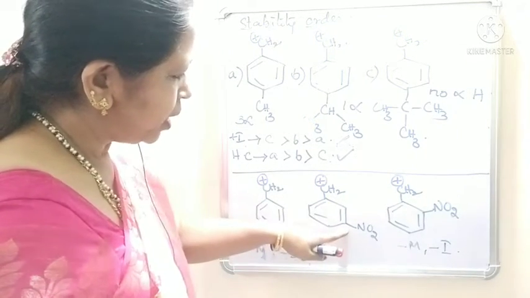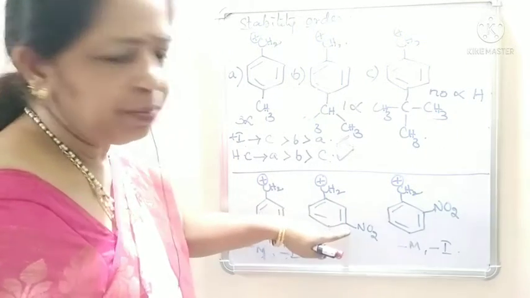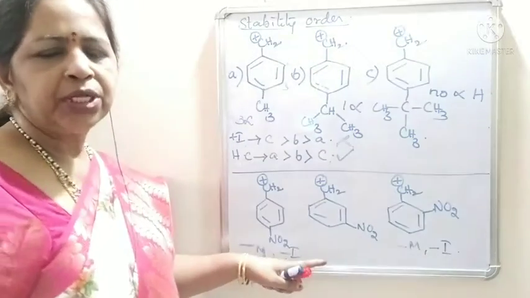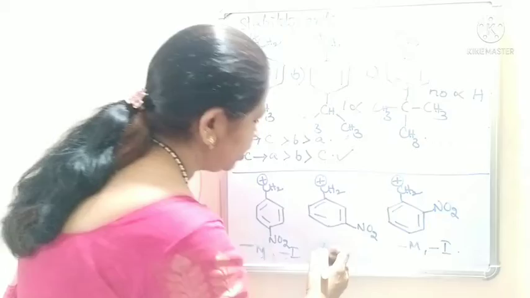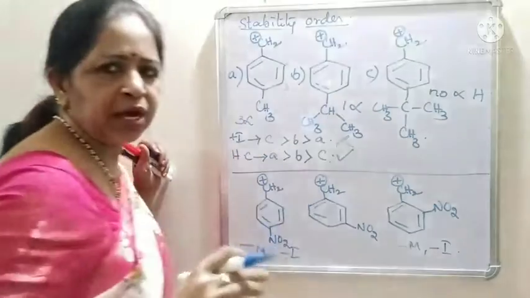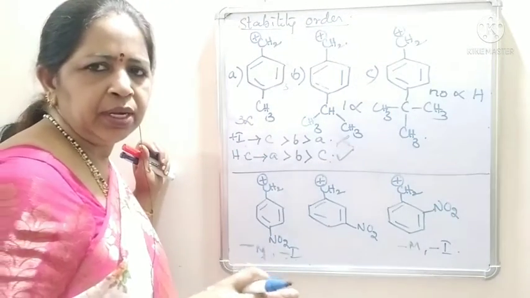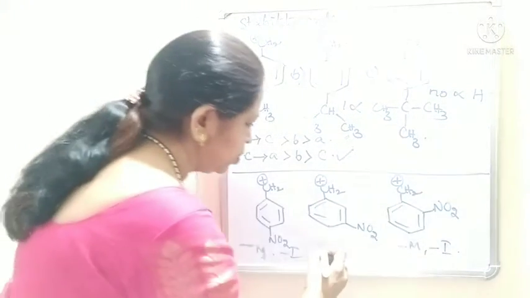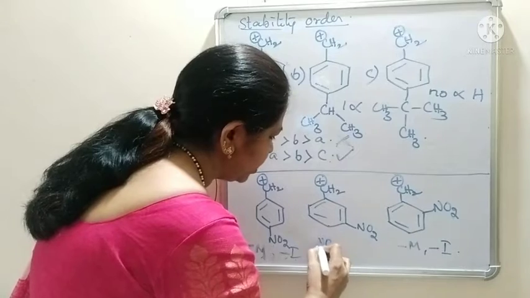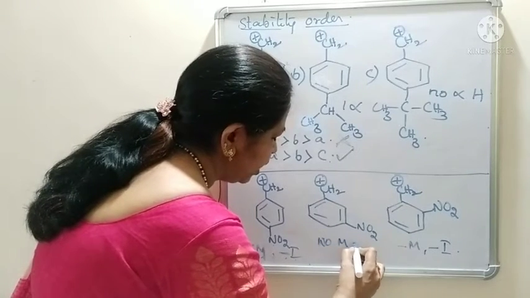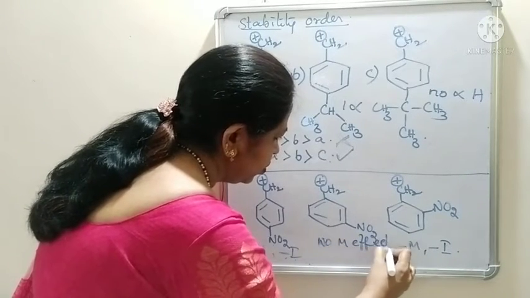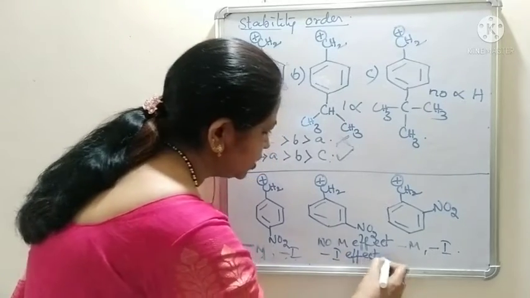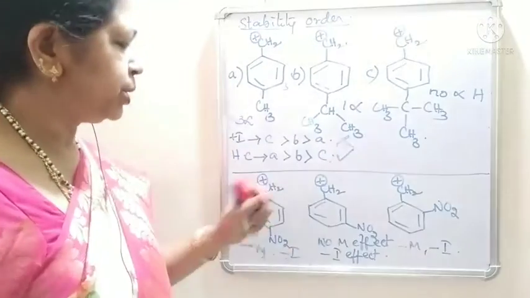And in this case, the nitro group is present on the meta position. If groups are present on the meta position, those groups will not show any mesomeric effect. So no M effect, only minus I effect is shown by this nitro group present on the benzene ring.